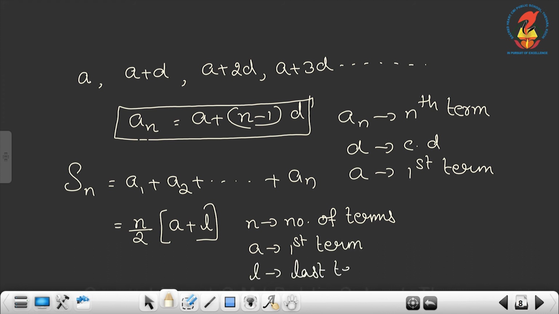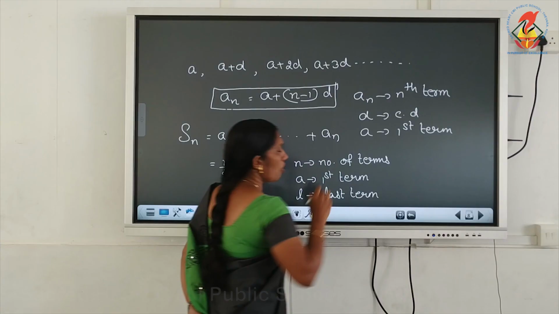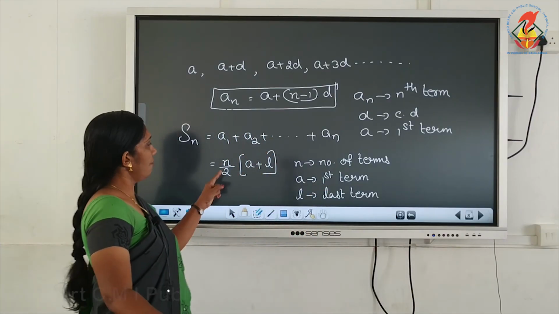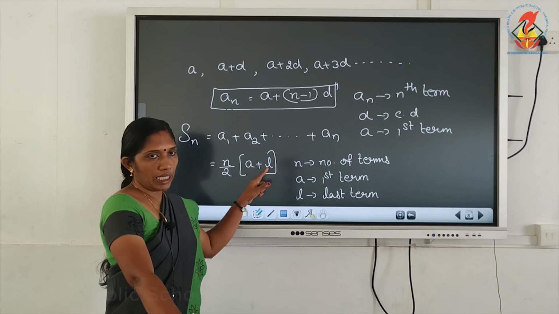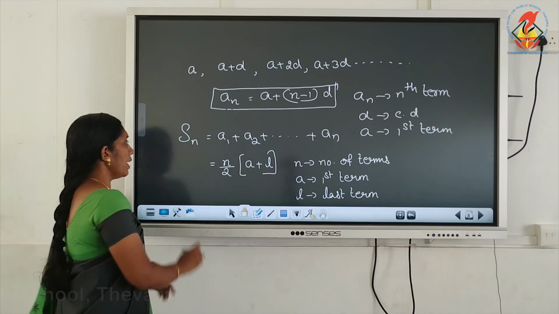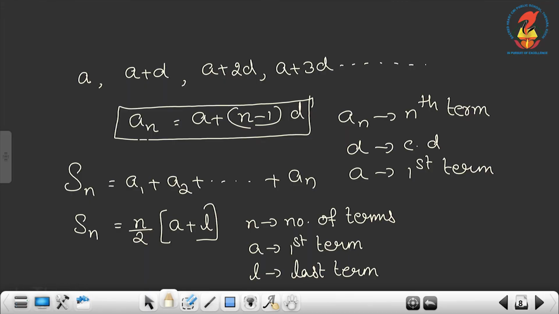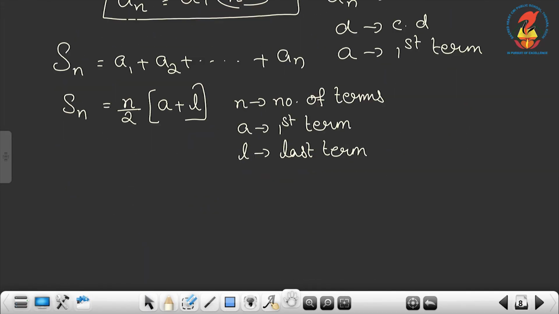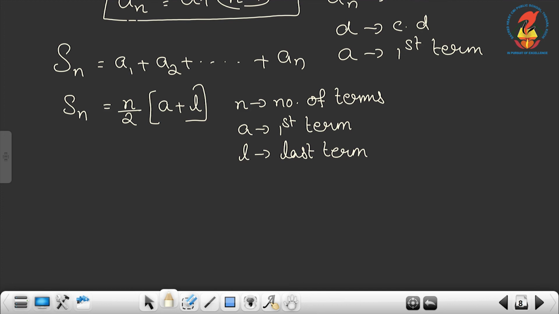If last term is given and common difference is not given, then we can use this formula. We need last term, first term and number of terms. So, Sn, sum to n terms of an AP is equal to n by 2 into A plus L. Then another formula is n by 2 into 2A plus n minus 1 into D. Here common difference is given, number of terms given and first term is given.